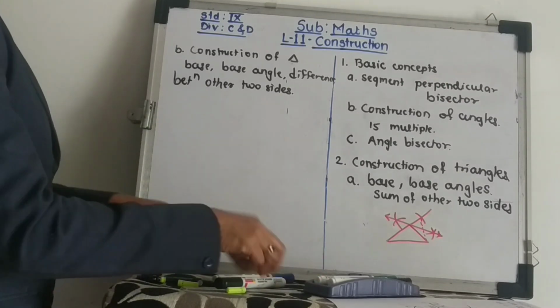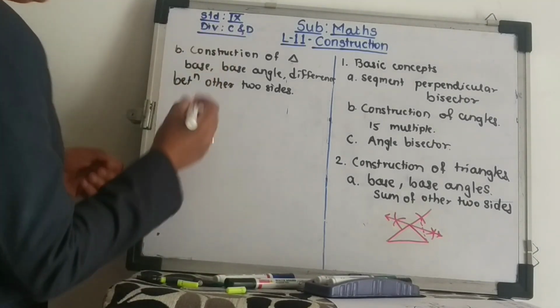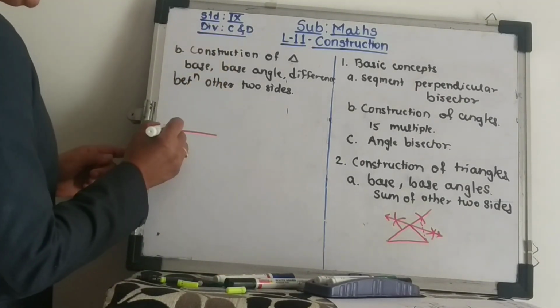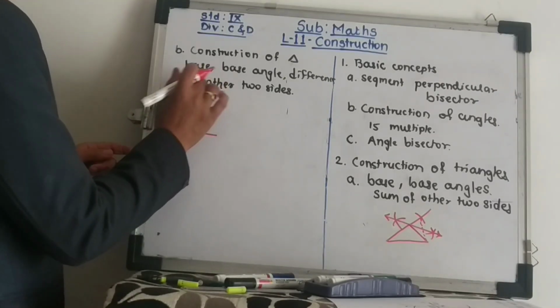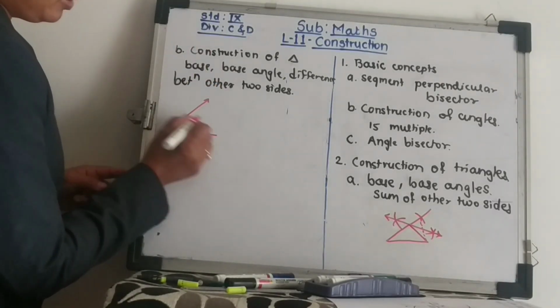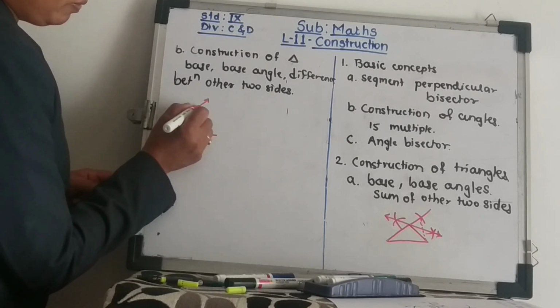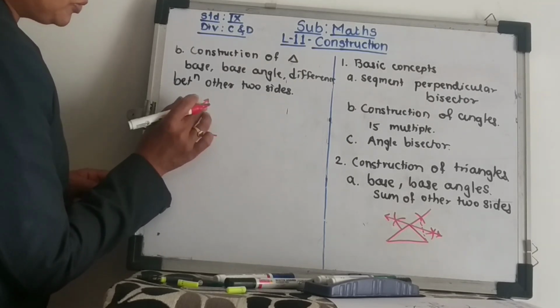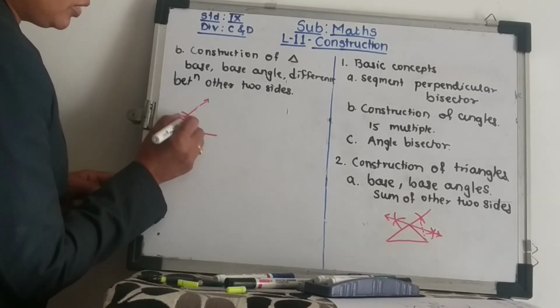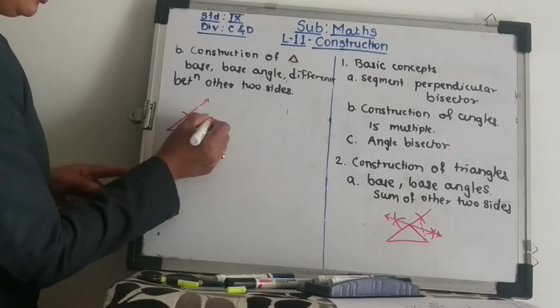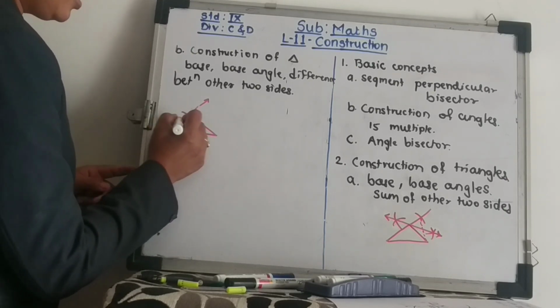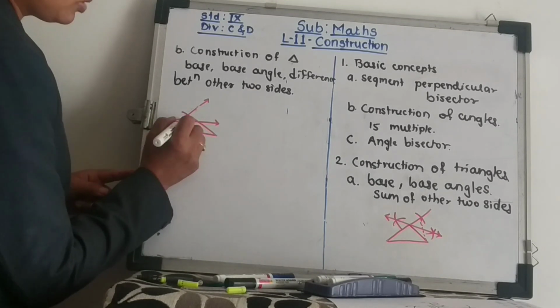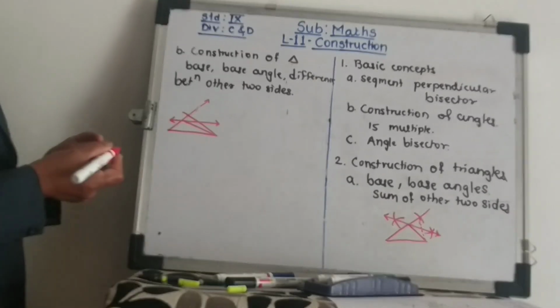See here we have seen how first we have drawn the base angle, right? And here again we have joined, suppose the difference is given this much, we will join this one, we are going to bisect, and this point we are going to join.